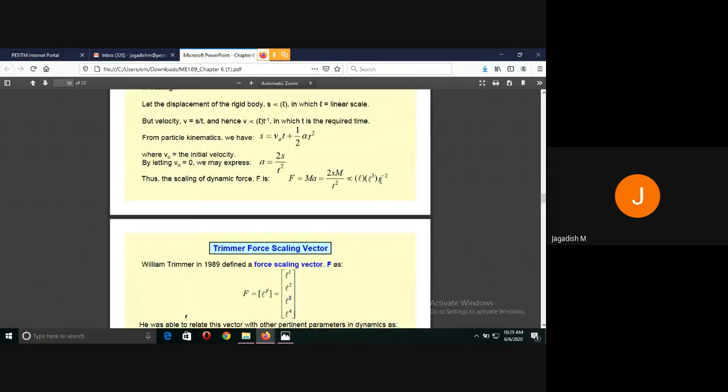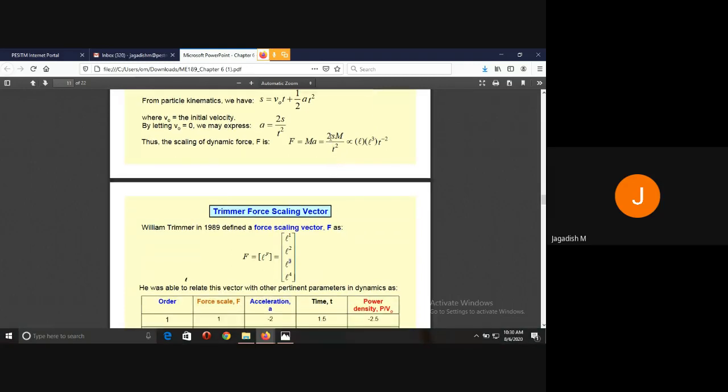What is T? First, bring this T to LHS. T square is equal to 2 into S into M divided by F. So therefore T is equal to square root of 2 into S into M divided by F. Now square root of 2 you take outside, since it's a constant, it will have no effect.